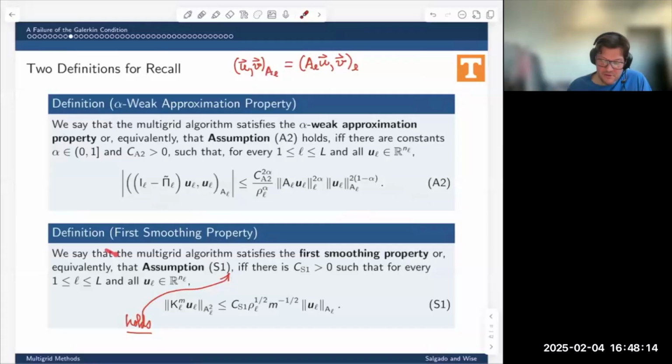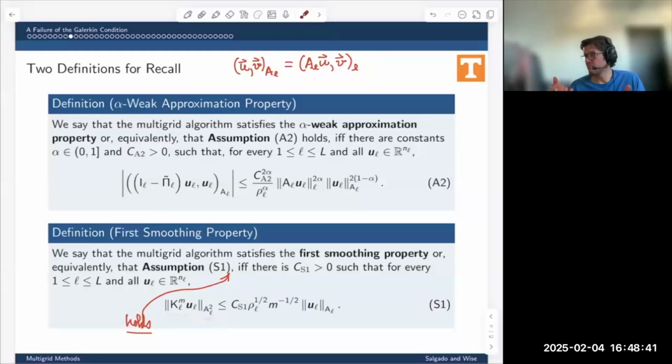Now, why are we not assuming that we have the first smoothing property? Well, we know that the Richardson smoother automatically satisfies this first smoothing property as long as we have some very basic things that we're working with. All that we really need is to know what the Richardson smoother is and what it's doing.